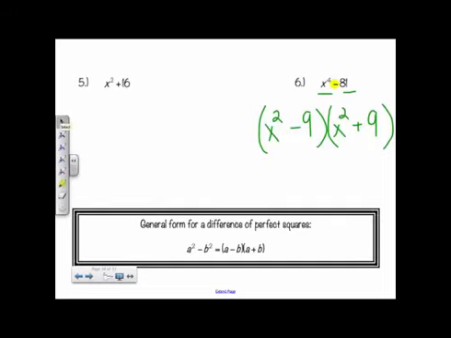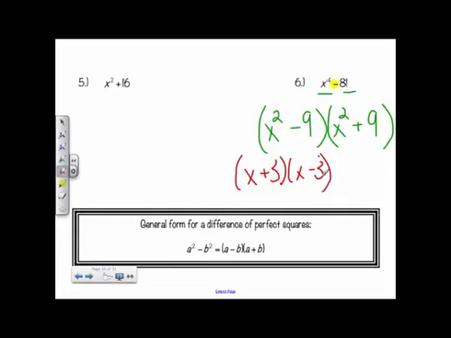Now here's where it gets a little bit tricky. If you look at this expression right here, however, x squared minus 9 is still another difference of perfect squares. So I'm going to go through and factor this x squared minus 9 right here. So I end up getting x plus 3 multiplied by x minus 3, because remember, this x multiplied by this x is x squared.